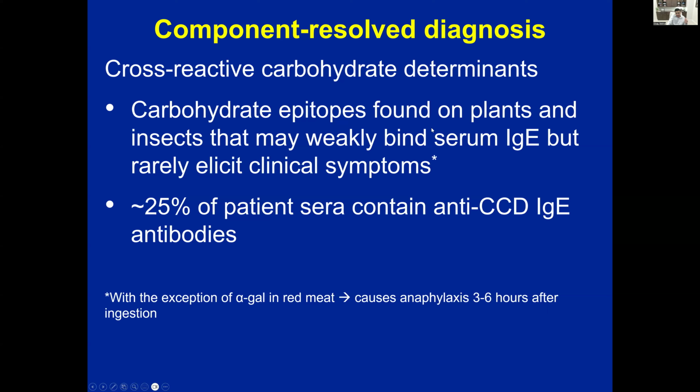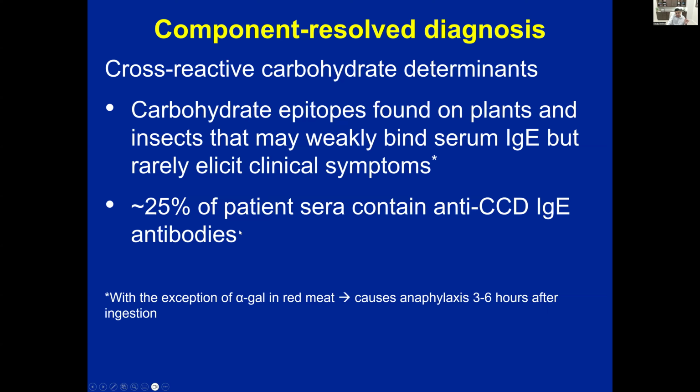On plant foods and on insects, you have these carbohydrates, and in certain individuals you can develop IgE antibodies against them. But this is of no clinical relevance.